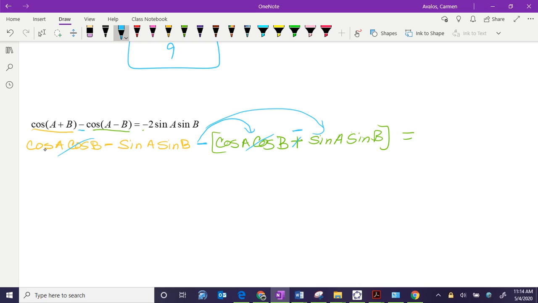And these two are the same, so it's going to be two of them. So it's going to be 2 sine of A, sine of B, which equals negative 2 sine of A, sine of B, which is what the right side is. So the left side equals the right side.